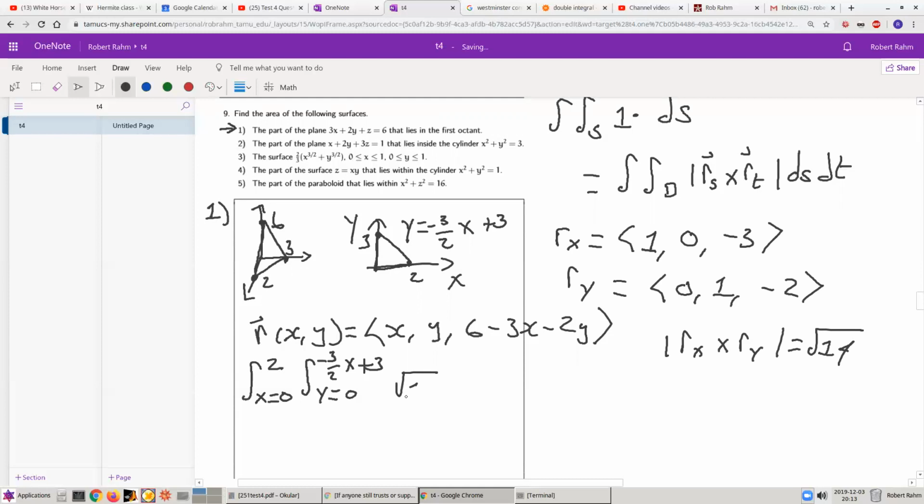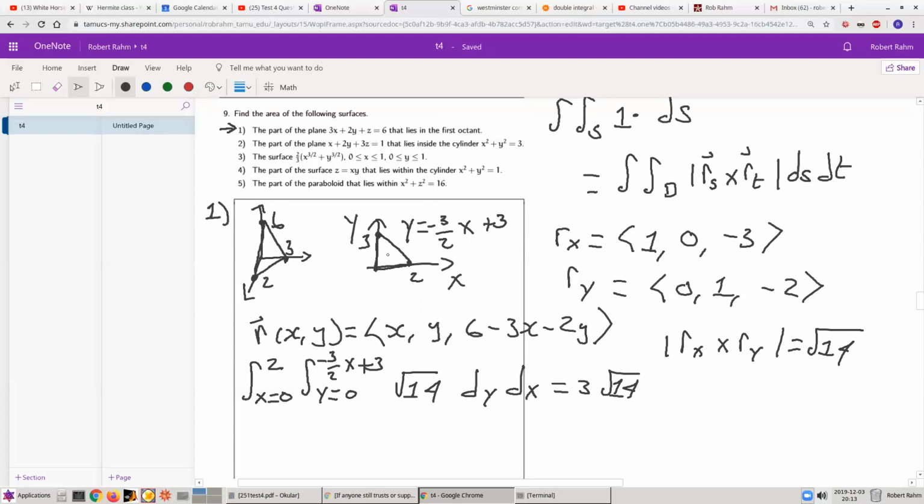We're integrating the square root of 14 dy dx, and this is just equal to 3 times the square root of 14. Really it's the square root of 14 times this integral, which is just the area of this triangle, which is 3.